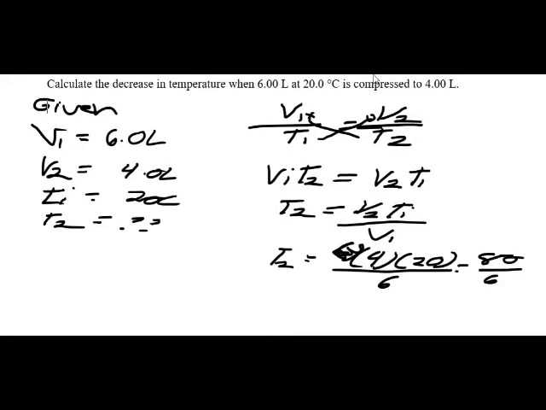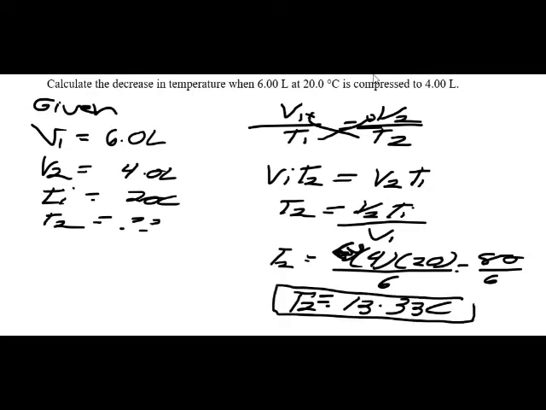So what would be our answer? 80 divided by 6 would give us 13.33. T2 is 13.33 Celsius. And that is our final answer.